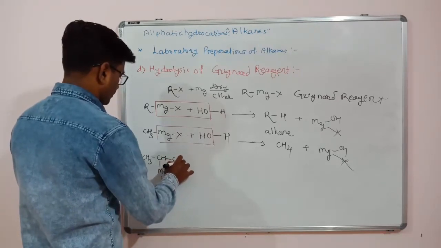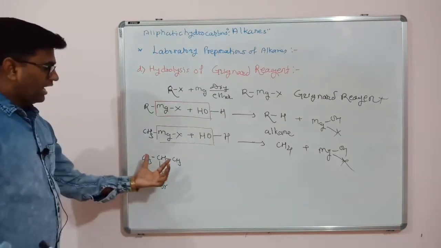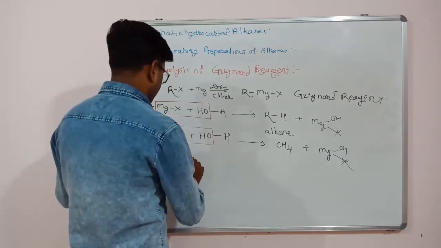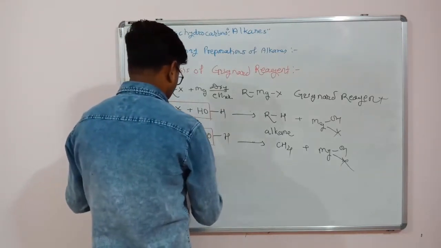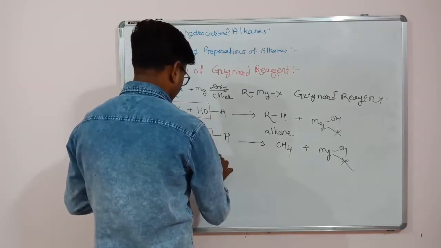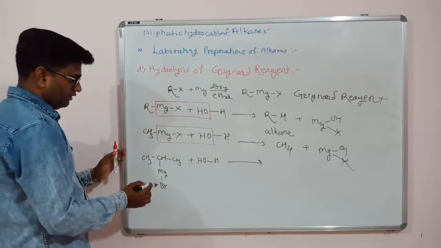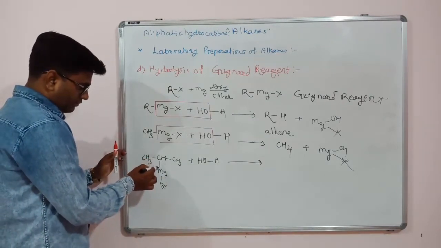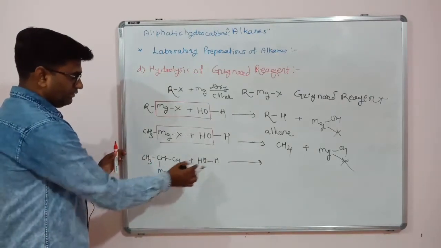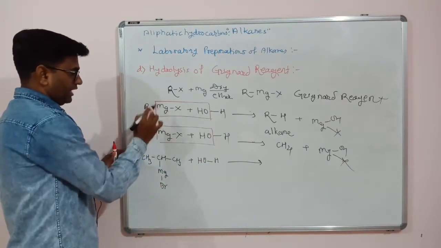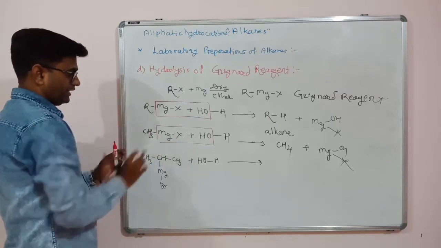Now this is what? Isopropyl magnesium bromide. If we are reacting with water, see here, water. So what will happen? The carbon magnesium bond will break and there will be the hydrogen. Remember, because this carbon magnesium bond will break.